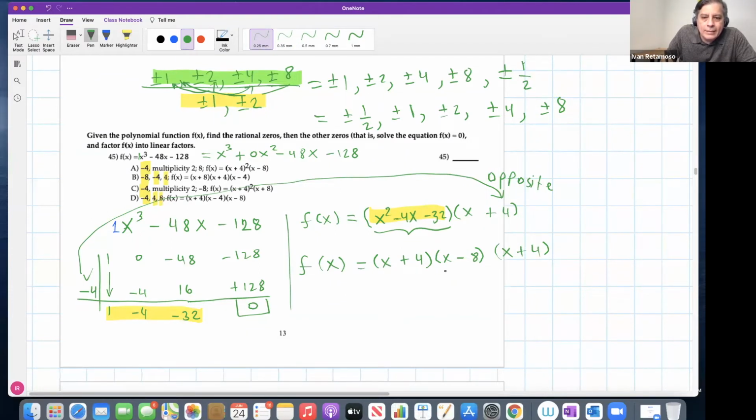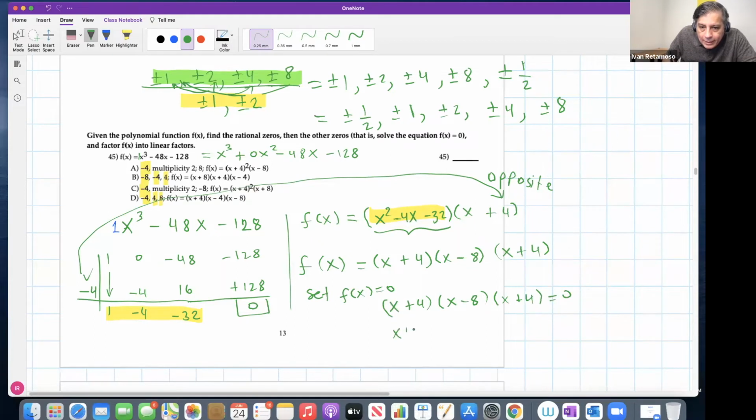Look, notice this factor is repeated. If you follow the rule to find all the zeros, which is to set f of x equal to 0, then x plus 4 times x minus 8 times x plus 4 equals 0.